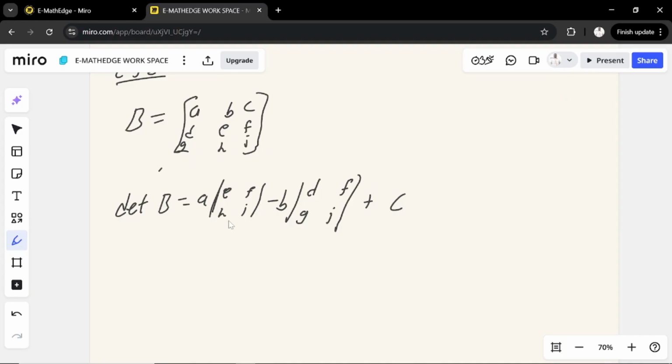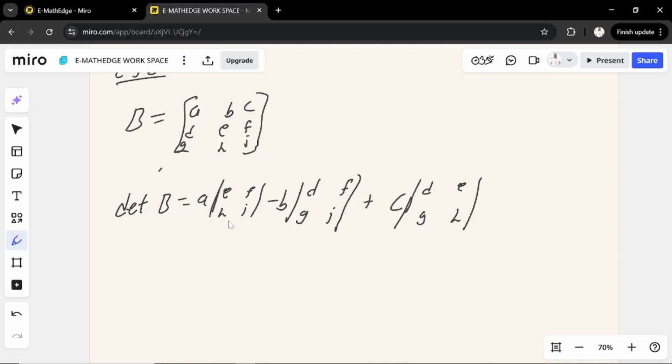Plus the third element, which is c. Since we are picking the third element, which is in the first row and the third column, we are going to focus on the other elements d, e, g, and h. So we are going to have c into d, e, g, and h.